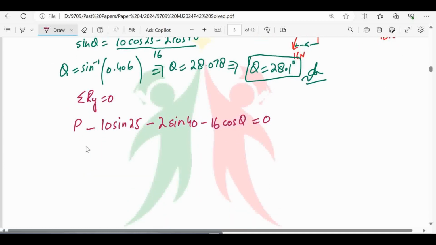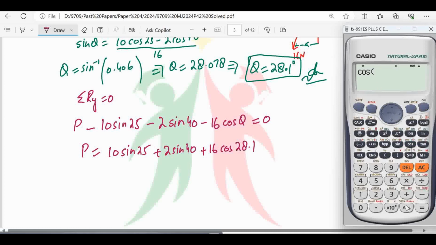Now from here we can simplify it as P will be equal to 10 sine of 25 plus 2 sine of 40 plus 16 cos of 28.1. So we can use cos of the previous answer multiplied by 16 plus 2 sine of 40 plus 10 sine of 25.